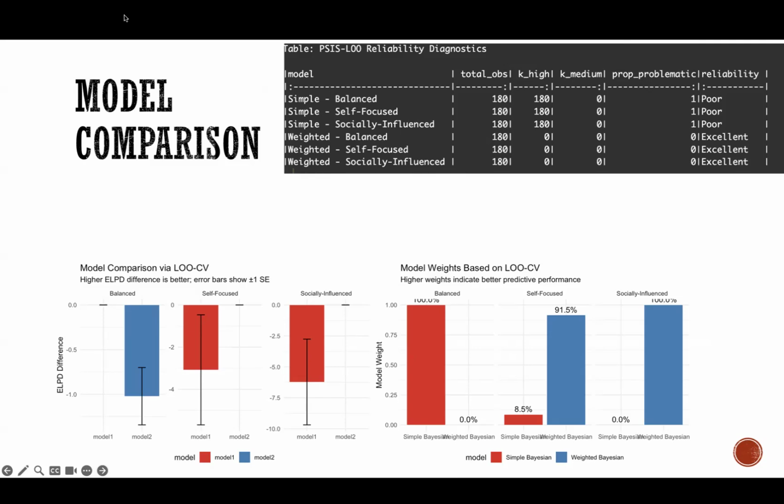And for the socially influenced, we have 100% for the weighted agent model, which means that not only can we recover the parameters correctly in this little universe where we have only two possible models, we are quite accurately able to reconstruct the model that generated the data.